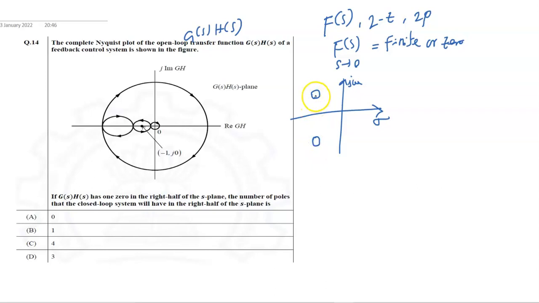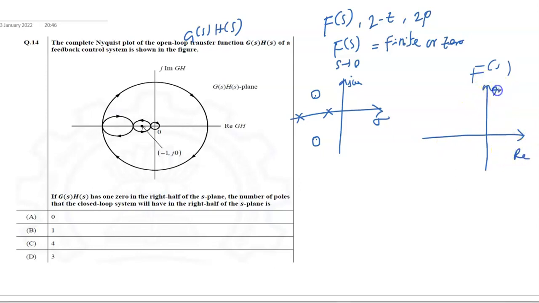Sorry, these are the zero locations and you have pole locations. Similarly, the F(s) plane, this is your real axis and this is your imaginary axis. If you encircle and enclose 1 zero in clockwise direction in the S plane, you will encircle the origin in the F(s) plane in clockwise direction according to the encirclement property.